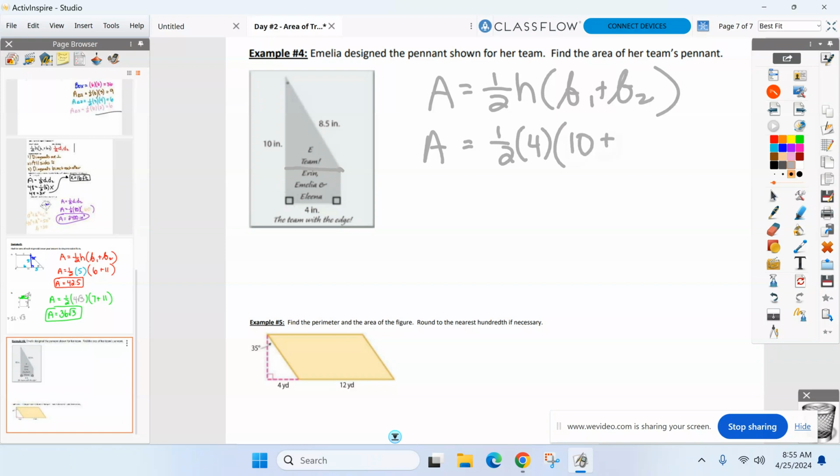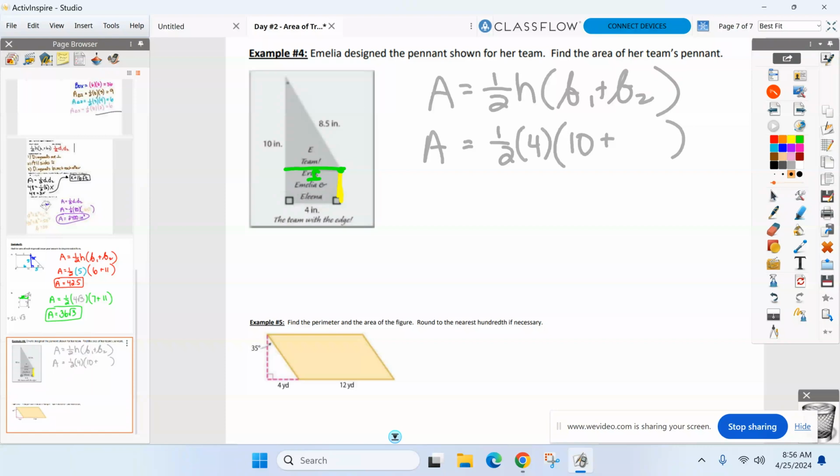So what we need to find to finish this pennant off is what's the other base, which I will highlight in yellow right here. What is the length of that remaining base? All right, I'm going to highlight it in green. Remember I said, hey, we are going to use this height, which we already know is how long? 4 inches, right? That's 4. All right, I'm going to let you guys look at this now.